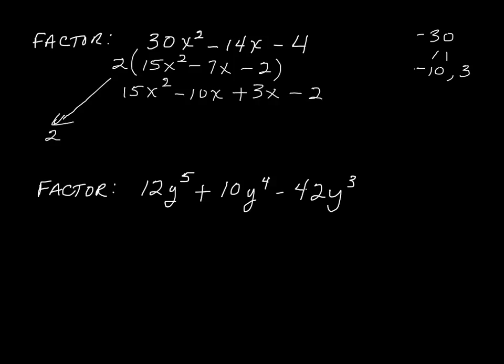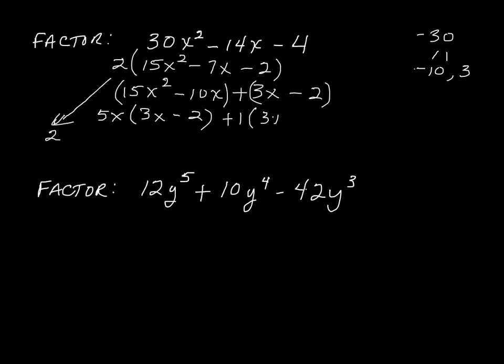It looks like the 3x and the 2 don't have anything in common, but watch what happens when we group them. They do have a 1 in common, so keep that in mind. 15x squared minus 10x, we can factor out a 5x, and that leaves us a 3x minus 2. What's common to 3x minus 2 that can be factored out? A 1.